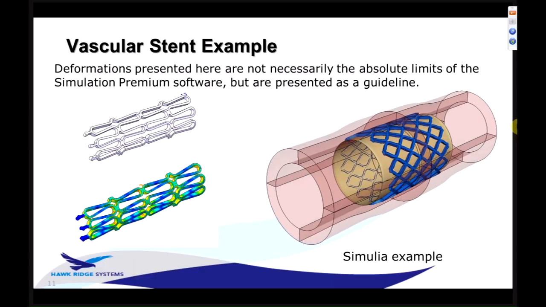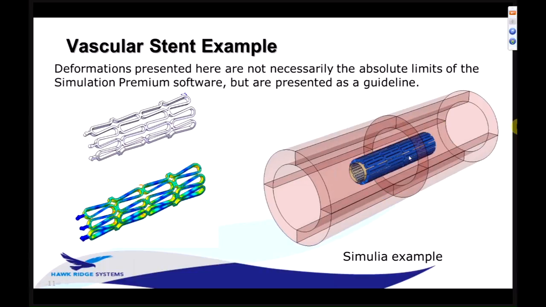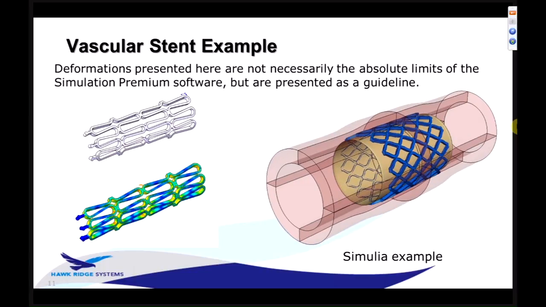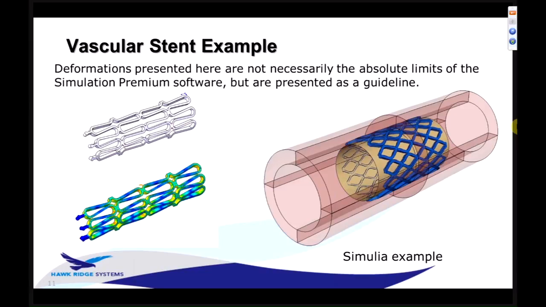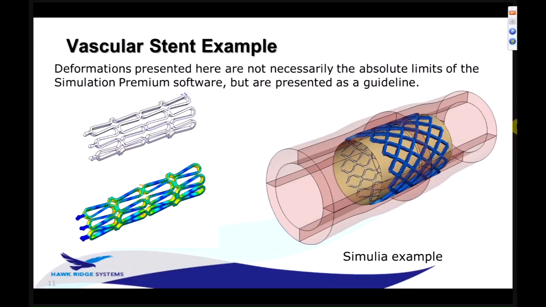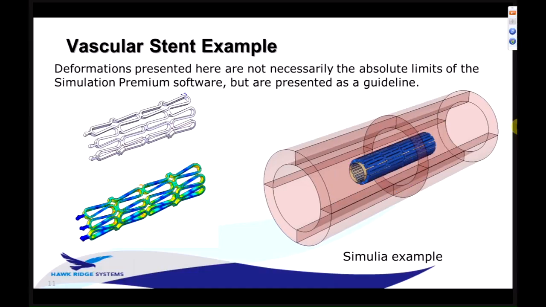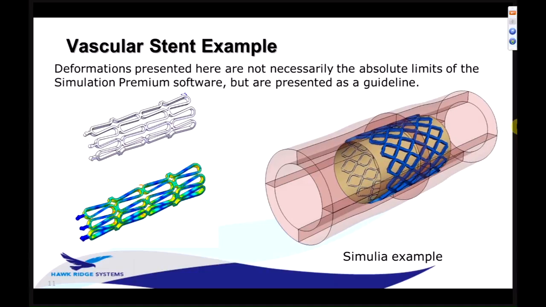So it's a ballpark idea of the differences between the tools. They are both doing fundamentally the same thing, but there is a difference in how far you can push the distortion and the deformation of the nonlinear solver in Simulation Premium.